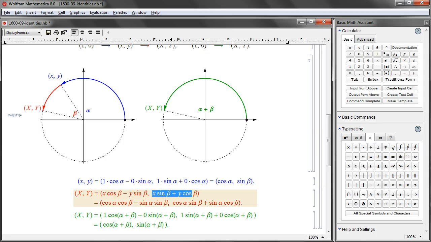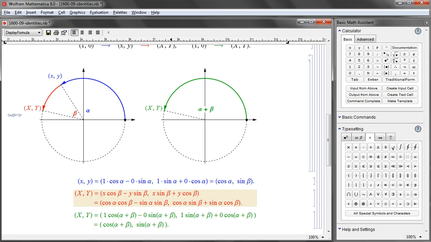And then x sine of beta plus y cosine of beta because the angle is beta. But please recall that x is equal to cosine of alpha and y is equal to sine of alpha. So what do we get? Capital X is equivalent to cosine of alpha, cosine of beta minus sine of alpha, sine of beta. Capital Y, on the other hand, is the same as cosine of alpha, sine of beta plus sine of alpha, cosine of beta.